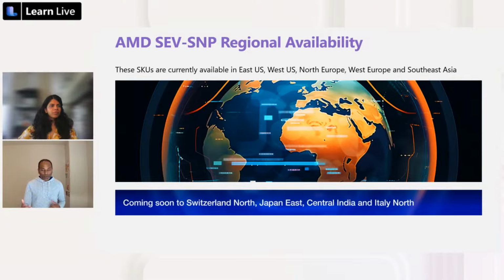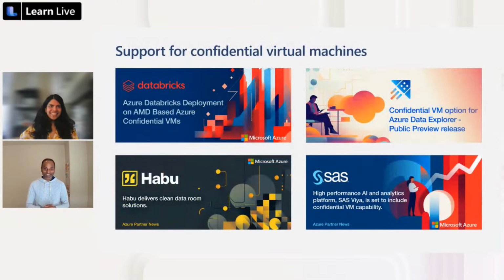And on top of that, we also have requests for other regions, and you can expect more announcements to come soon in the context of other region availability as well. A truly global footprint for our confidential virtual machines. That's the North Star goal. Yes, we want to have confidential virtual machines in every Microsoft Azure region.